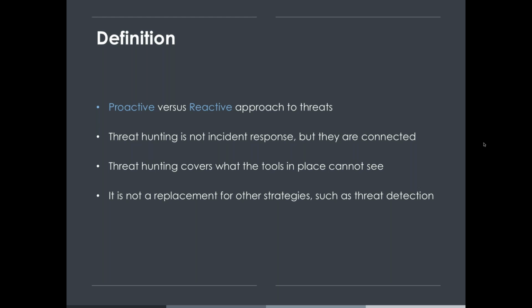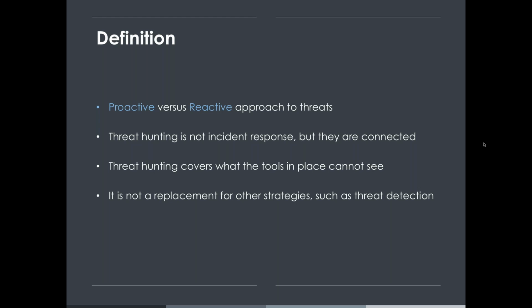So when we talk about threat hunting, what we're not talking about is when you get an alert that says, hey, you've had this detection in this location. It doesn't mean that you're going back or confirming it. You're seeing what else it did, maybe how far it spread and so on. That's incident response. We're not talking about that. Threat hunting is something different entirely, but they are connected. Threat hunting typically leads into incident response.